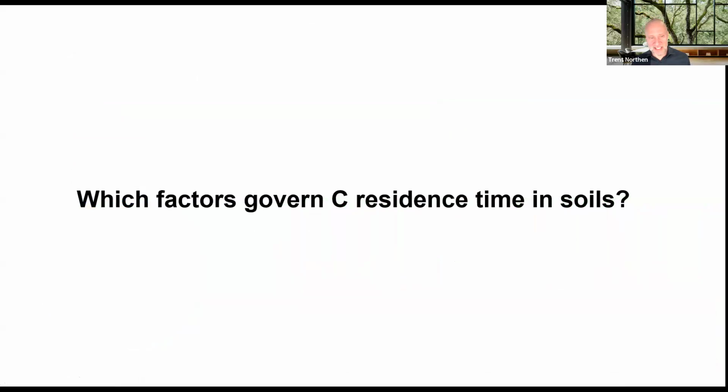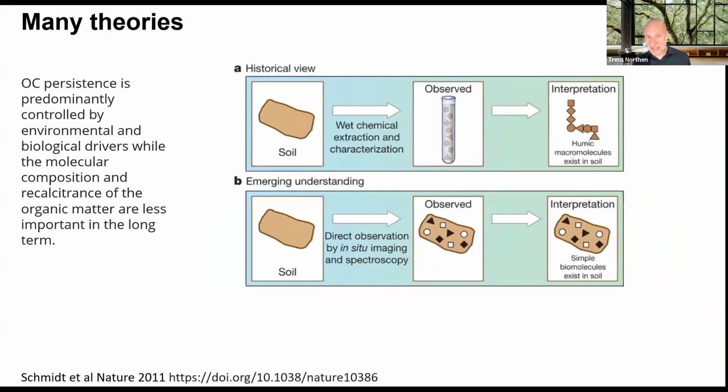And so we need to identify the factors that govern carbon residence time in soil. And there's many theories. Historically, it was thought that you get this ex situ polymerization of compounds into humics. Now, this is the traditional view. It's a polymerization reaction.